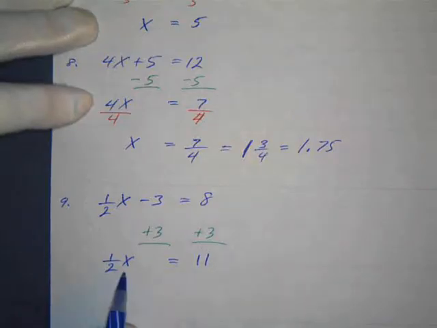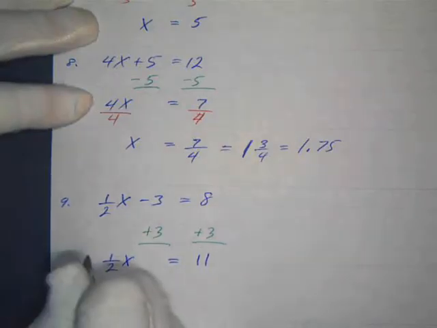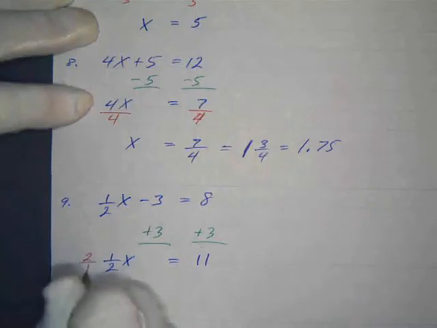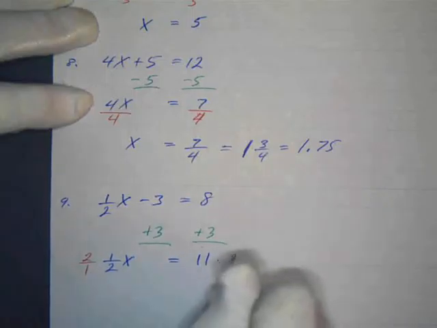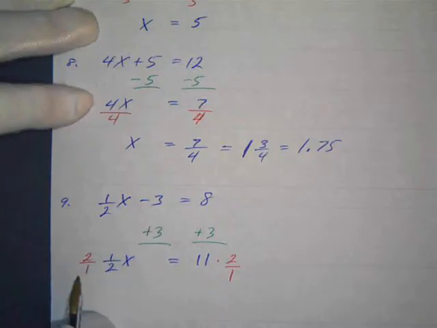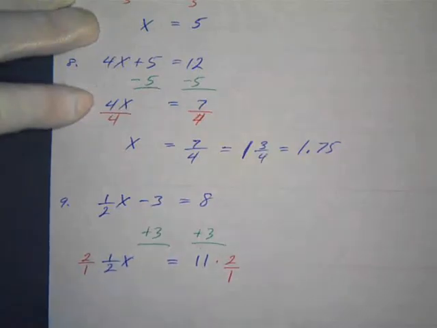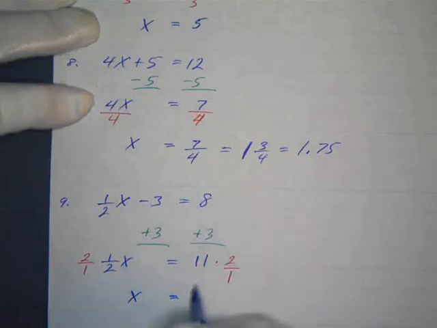So I want to solve for x. I've got 1 over 2, so it's a fraction, so I can multiply by the reciprocal, 2 over 1. And that's going to work for a fraction. 2 over 2 is 1, 1 times x is just x, and 11 times 2 is 22.